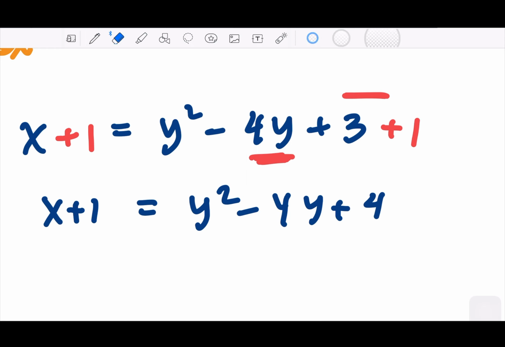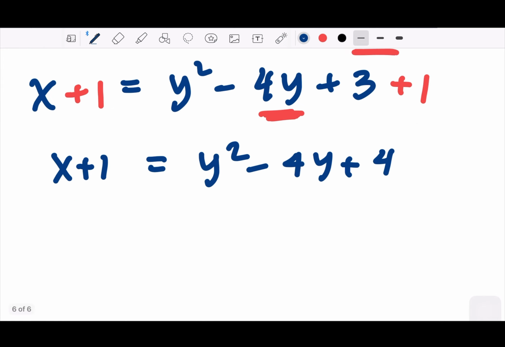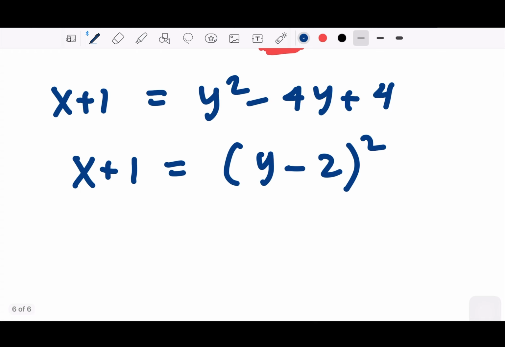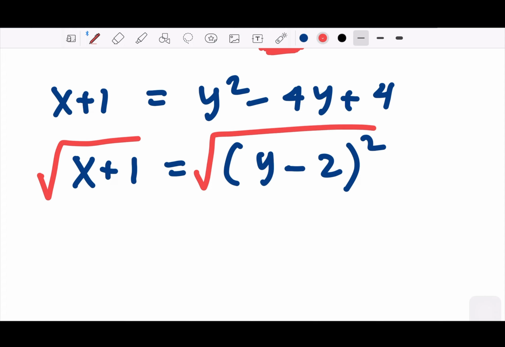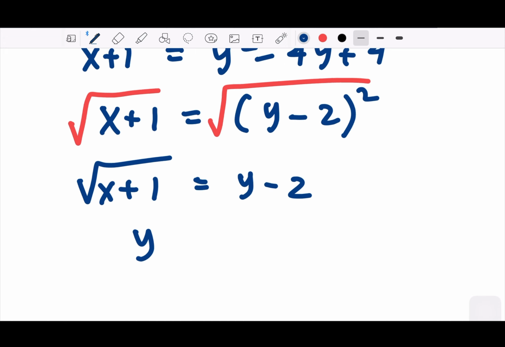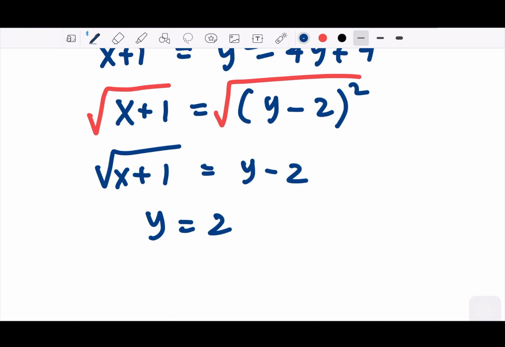Wait, this is confusing, this is 4. If we take the square root of both sides, we can also write the square root of x plus 1 equals y minus 2, and we can write this as y equals 2 plus the square root of x plus 1.